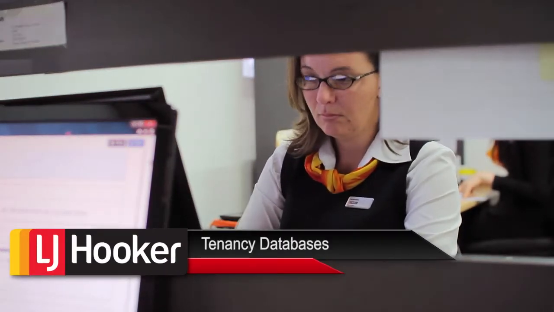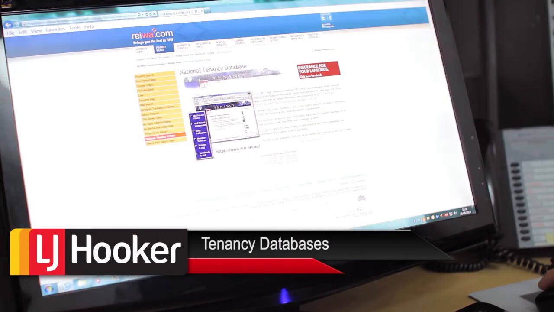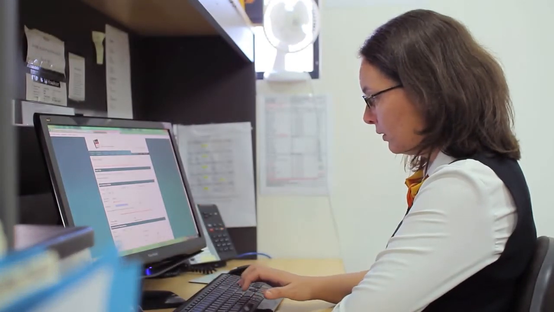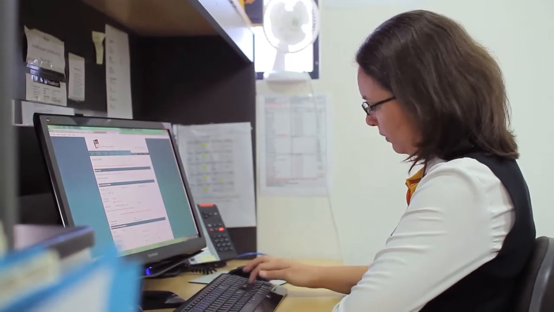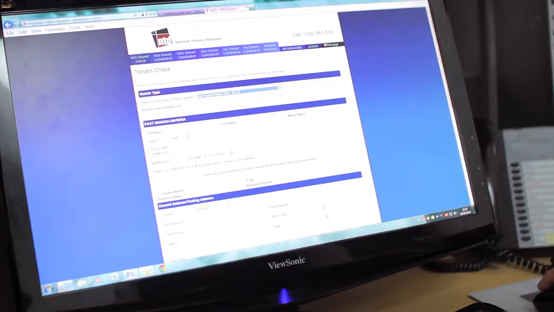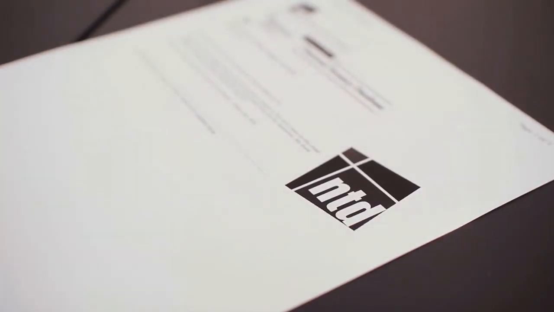A lessor or property manager can only list a person on a residential tenancy database if the person is a named tenant on the residential tenancy agreement, and the residential tenancy agreement has been terminated, and the person owes the lessor a debt that is greater than the security bond, or a court has made an order terminating the tenancy agreement.